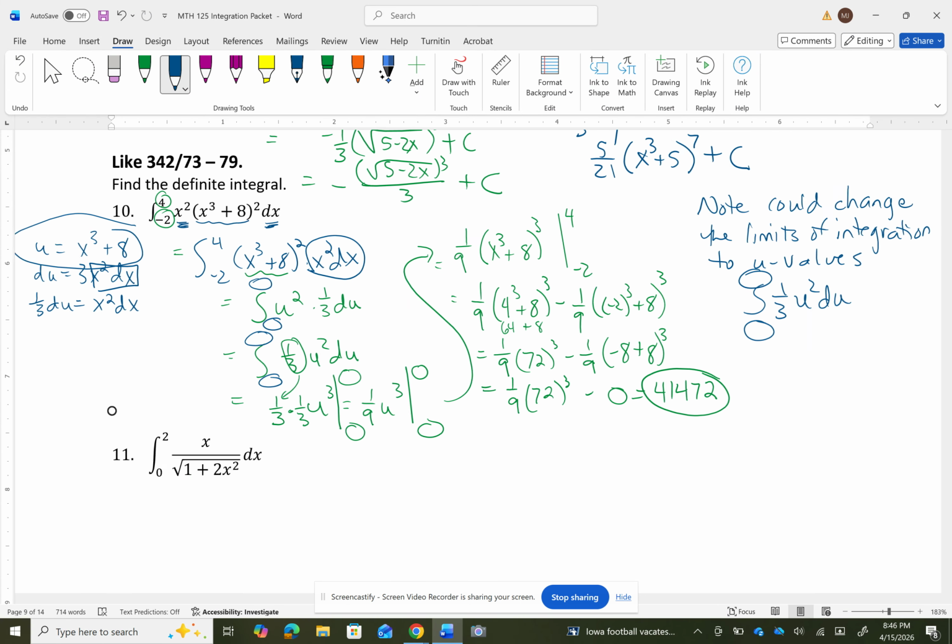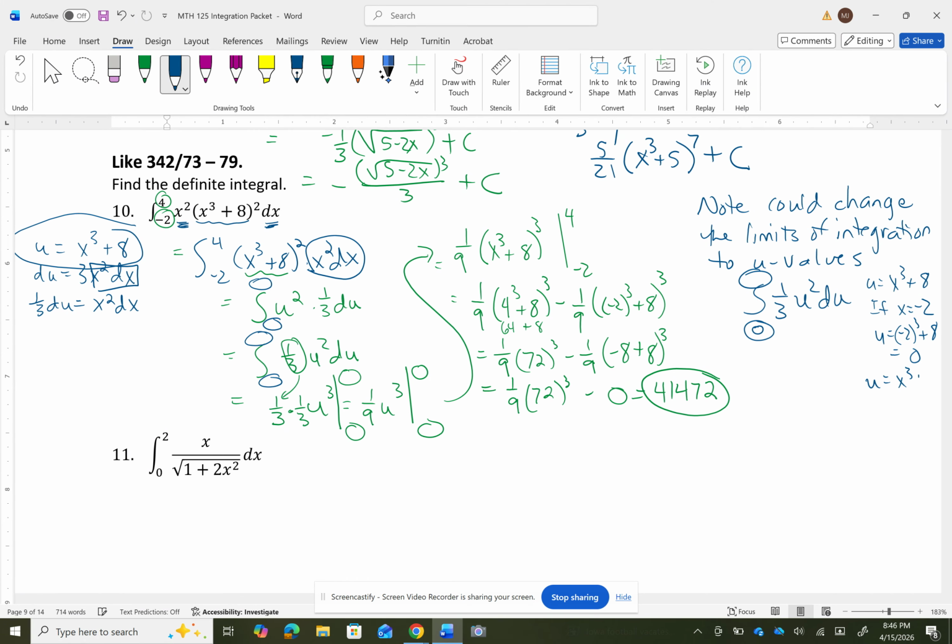Okay? So I know that I let u equal x to the third plus 8. Now that bottom limit was a -2. So if x equaled -2, then u would equal -2 quantity cubed plus 8. U would have been 0. So that means this bottom limit in terms of u would have been a 0.